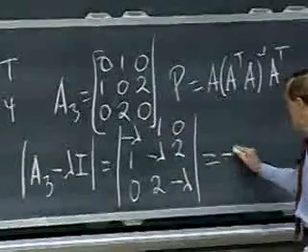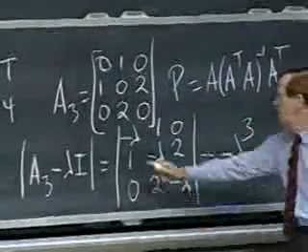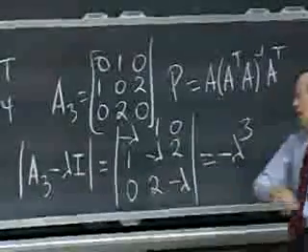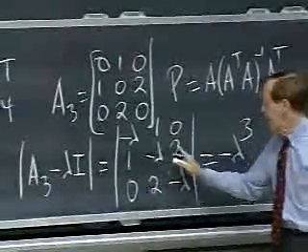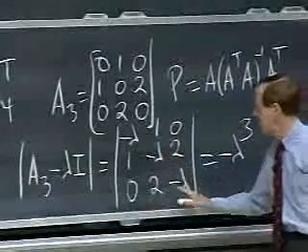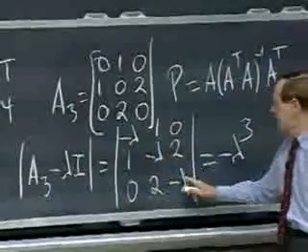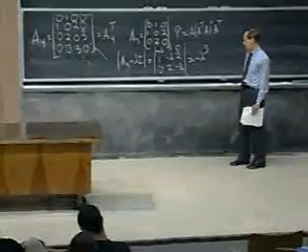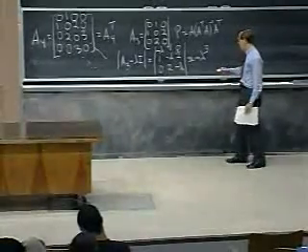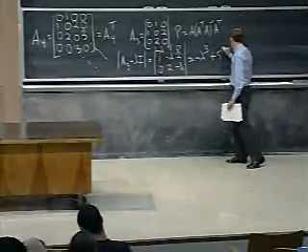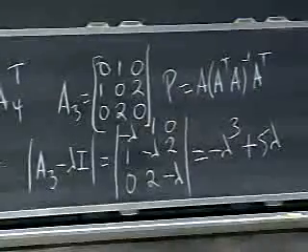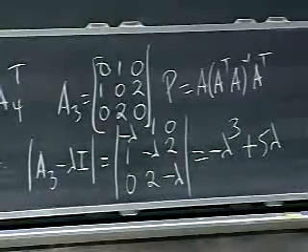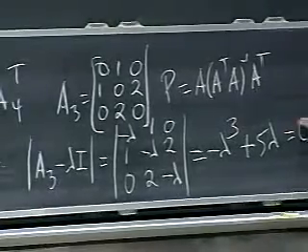This way gives me minus lambda cubed, and a 0, and a 0. Then in this direction, which has the minus sign, that's a 0, 4 lambdas, minus 4 lambdas, and minus another lambda, so that's minus 5 lambdas, but that direction goes with a minus sign, so it's plus 5 lambda. That looks like the determinant of A3 minus lambda I, so I set it to 0.